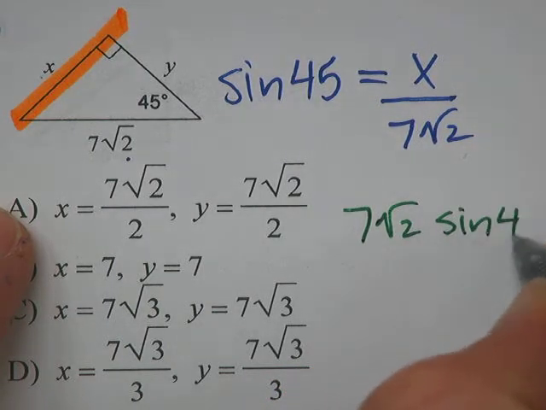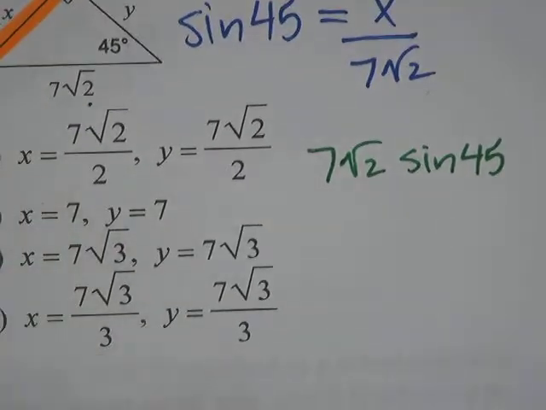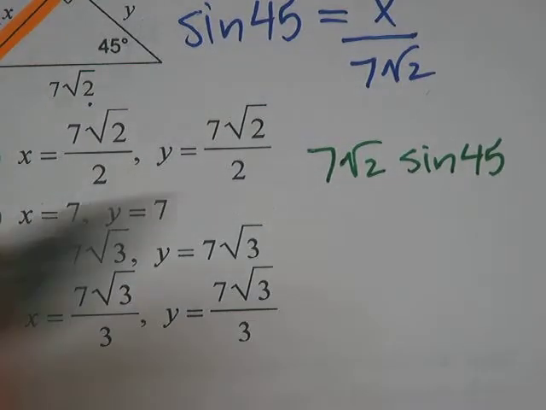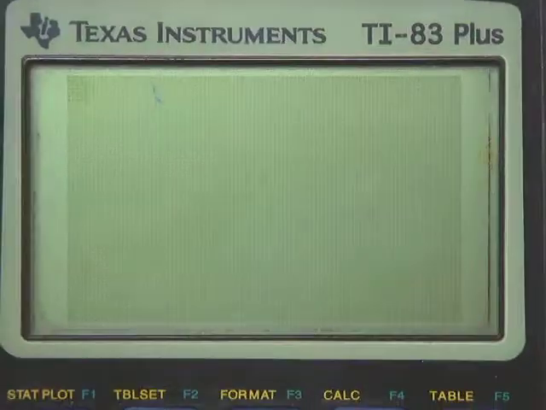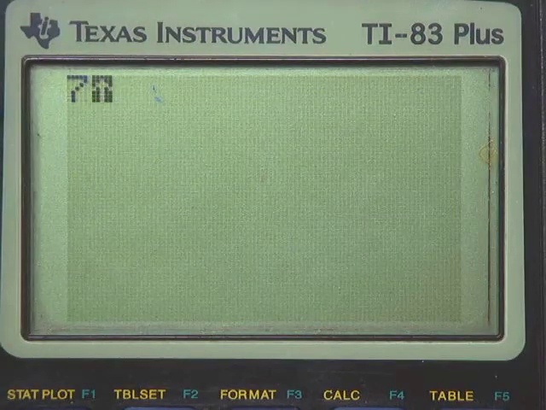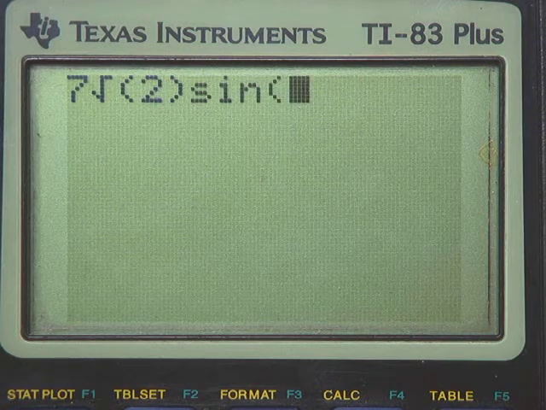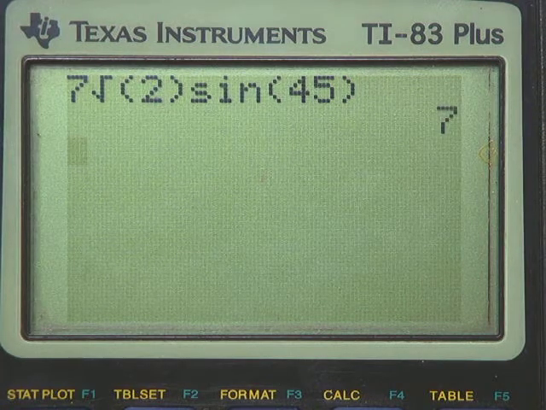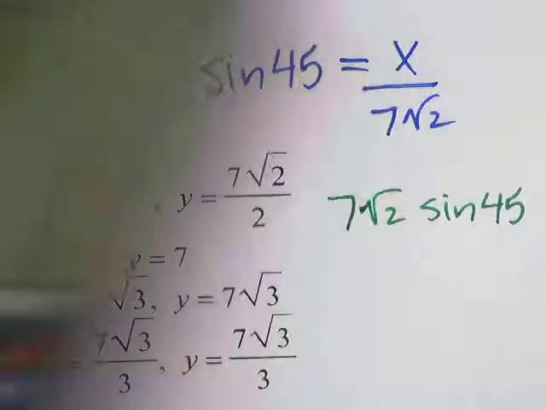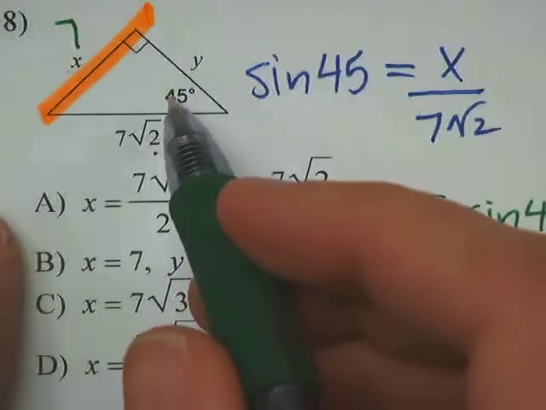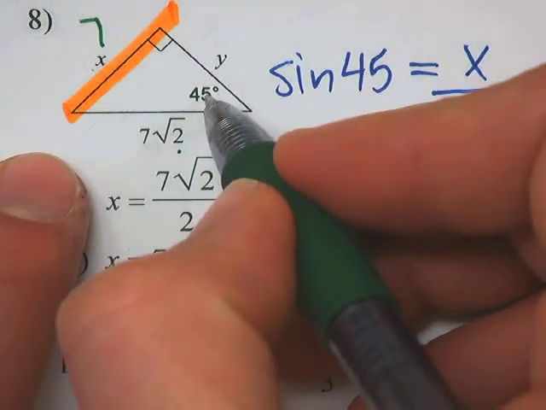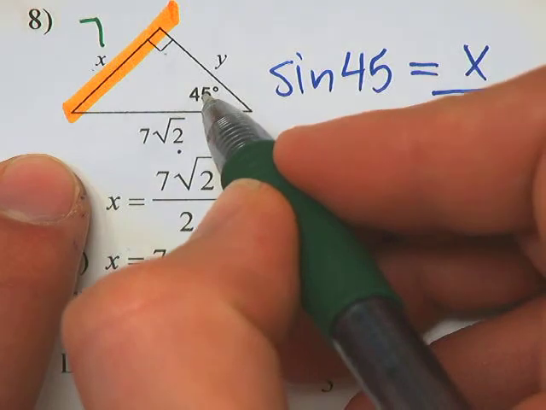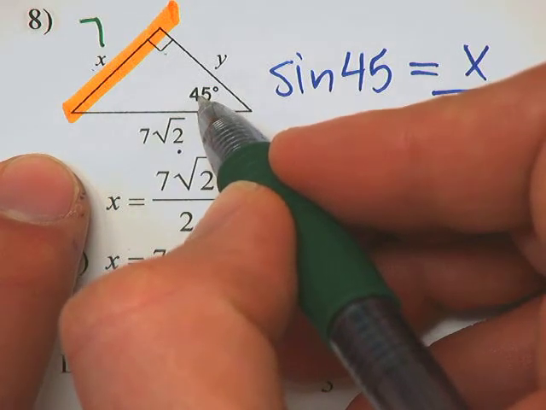So sine of 45 equals opposite over hypotenuse. What I type in the calculator is 7 square root of 2 times sine of 45 degrees. So 7 is that length.